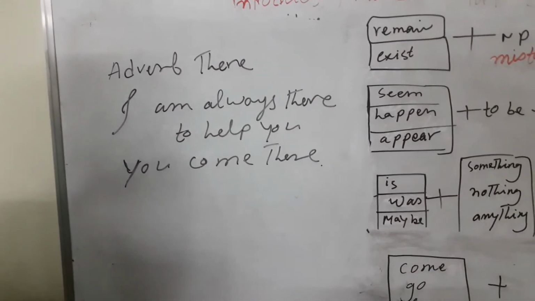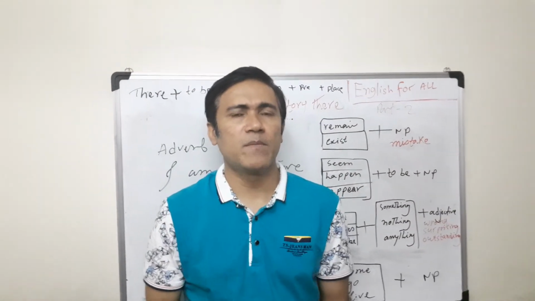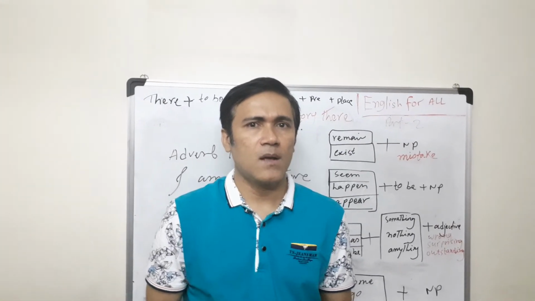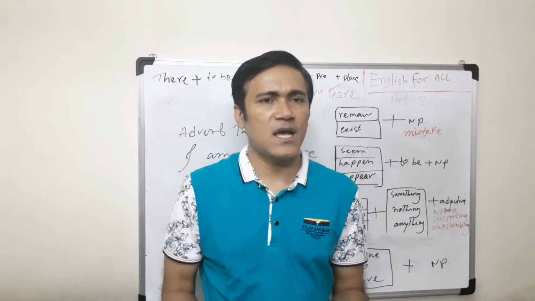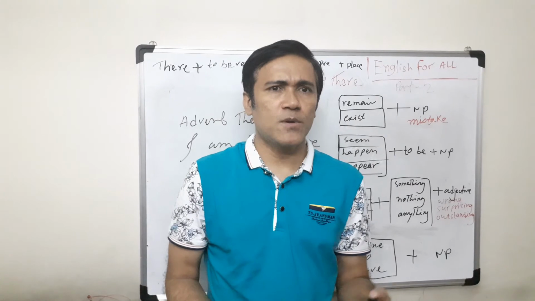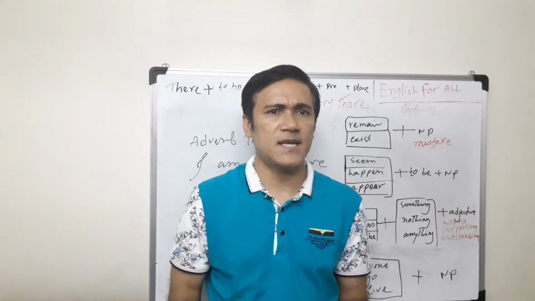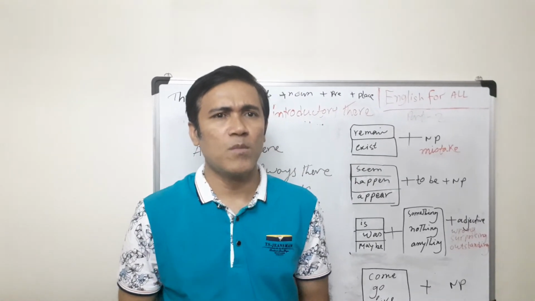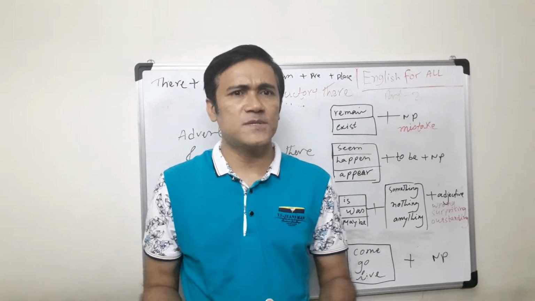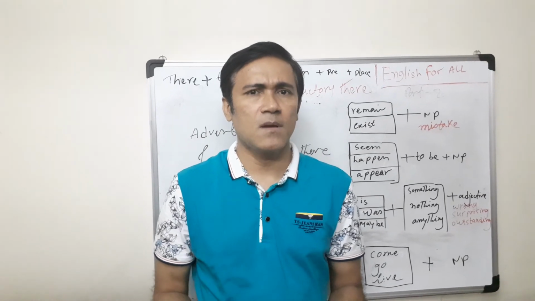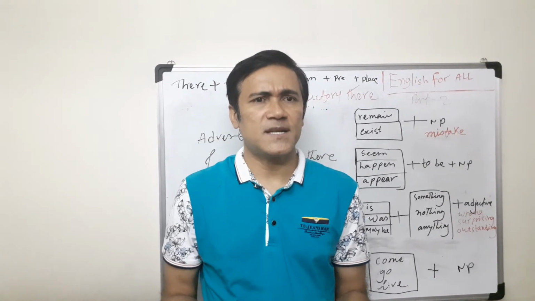So dear viewers, I have discussed all the ways you can make sentences using there. I have discussed introductory there, expletive there and adverb there. I have also shown you how you can make negative, interrogative, and negative interrogative sentences. Hopefully you will practice at home and try to make sentences using different verbs, to be verbs, nouns, places and adjectives, and if you keep practicing you will be able to make a lot of sentences.